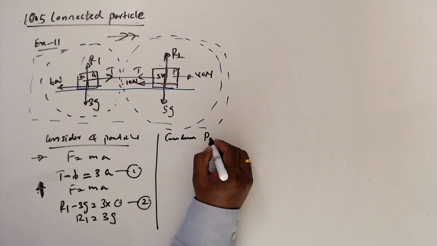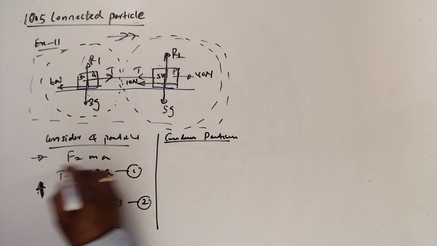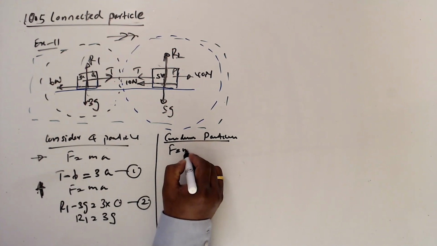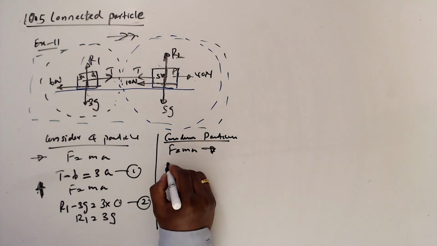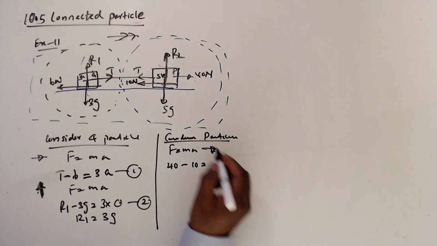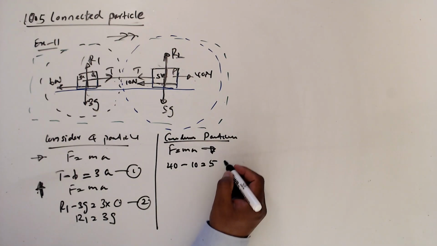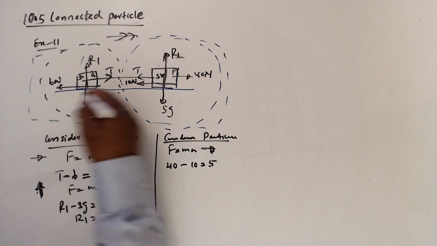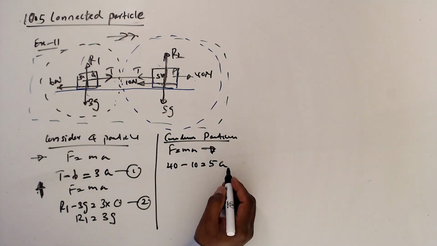When we have found one unknown, the second option is to consider the P particle. Same way, applying F equals ma in this direction, I can see 40 here, then negative 10, equals m is 5, and it has the same acceleration a.